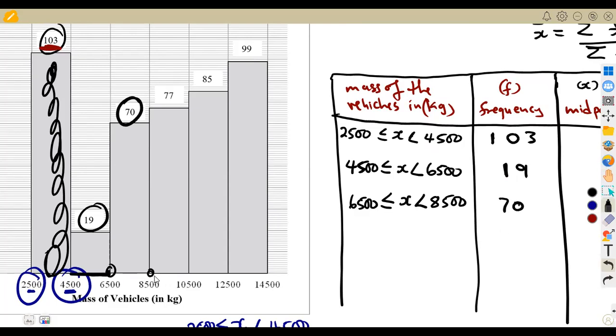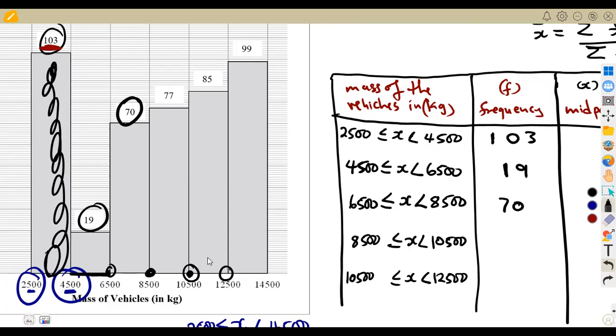You move on from 8,500 to 10,500. So X is greater than or equal to 8,500, but less than 10,500. Then from 10,500 up to 12,500, X is greater or equal to 10,500, but less than 12,500.